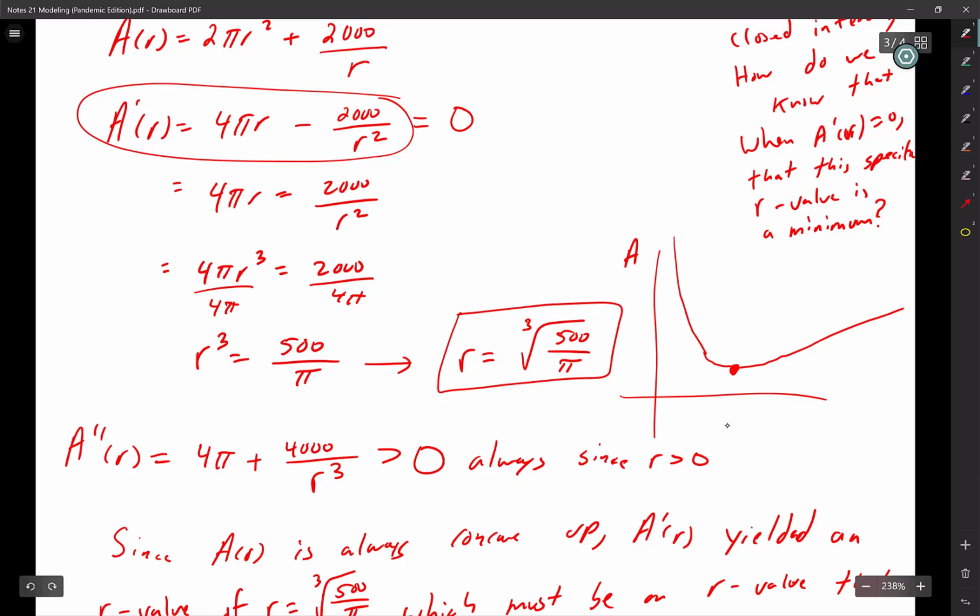If I call this area, and I call this r. Does that make sense, guys? And because I can use as much as I want, you have to do the second derivative. And notice I have a horizontal tangent there at that moment. So my derivative is 0. And you can see that it's concave up all the time. So that has to be an absolute min.